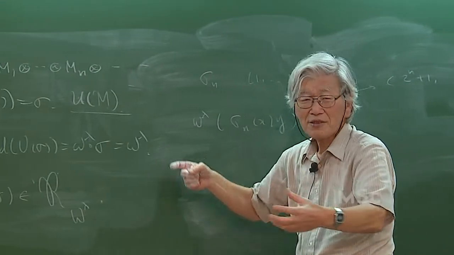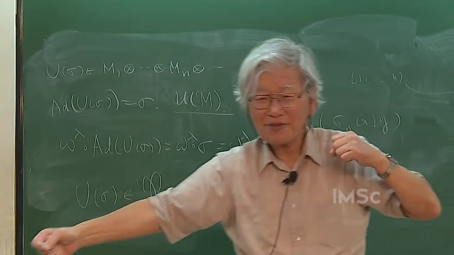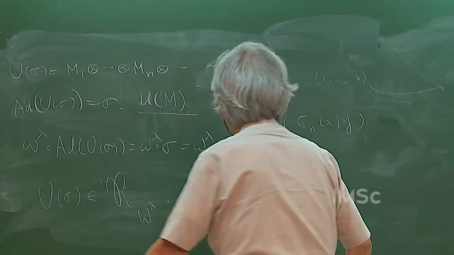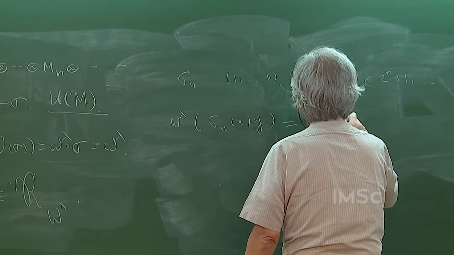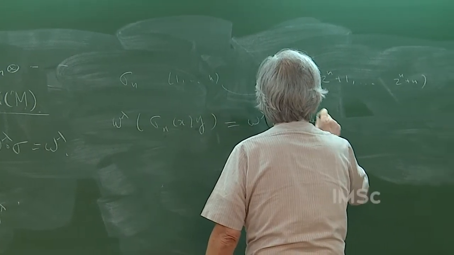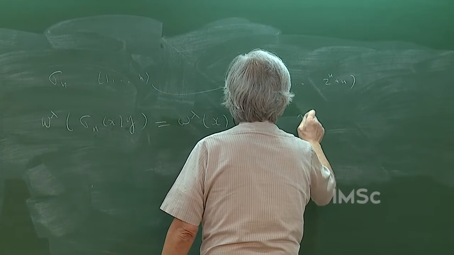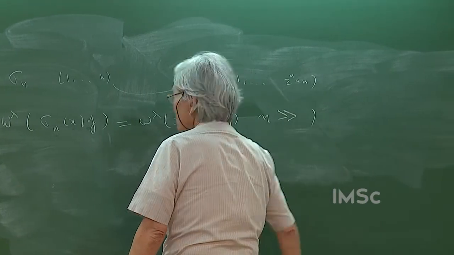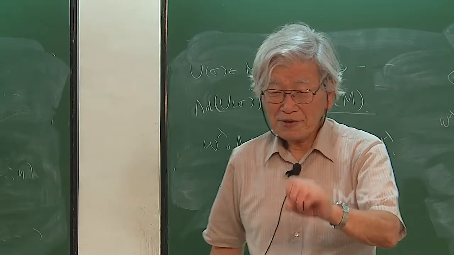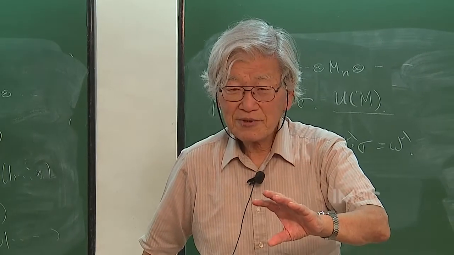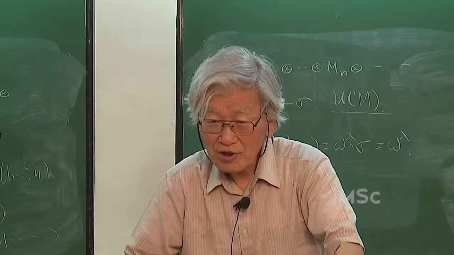Then omega lambda is the product of that. So when n is large, this is omega lambda of x times omega lambda of y for the algebraic elements. If it is a C-star algebra element, you take the limit.